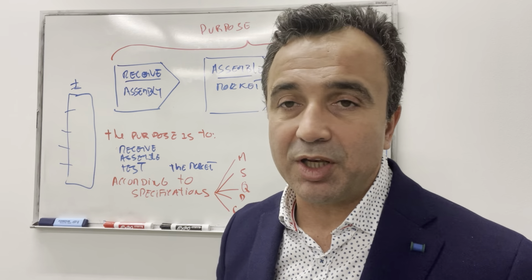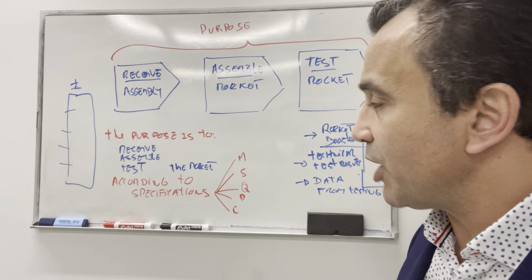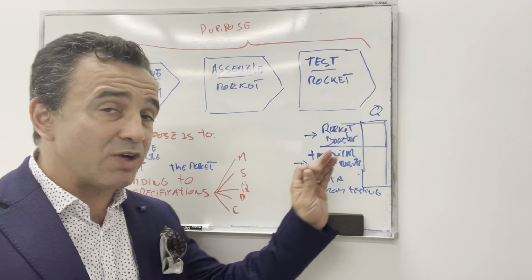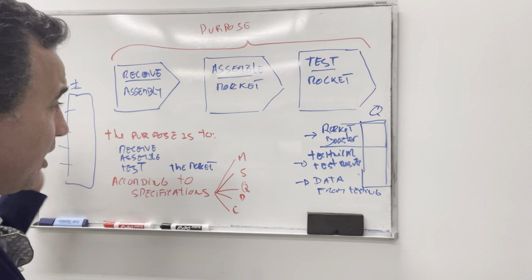You probably need aluminum for the press. If it's a rocket booster, you'll also need avionics. You'll need so many things, but the experts will tell you what the inputs are. So start with the simple: receive, assemble, and test. Those could be the major steps. Then describe the purpose and what you are delivering, then the outputs, and then the inputs.